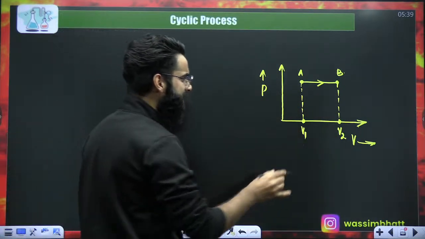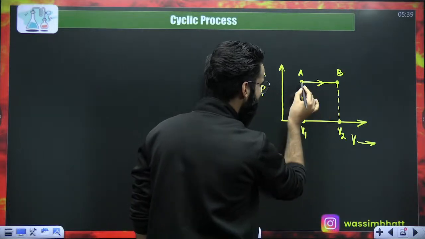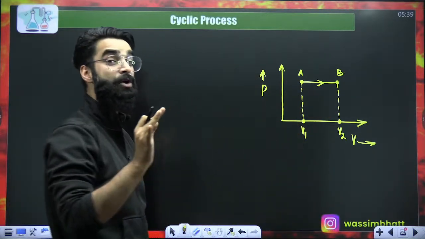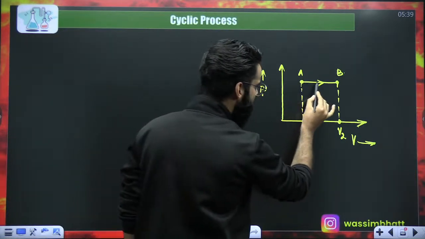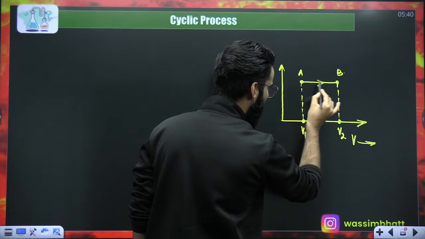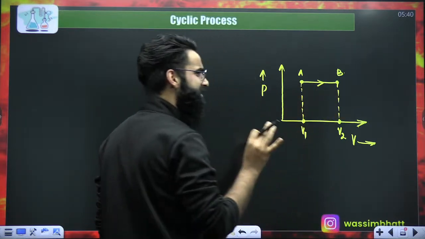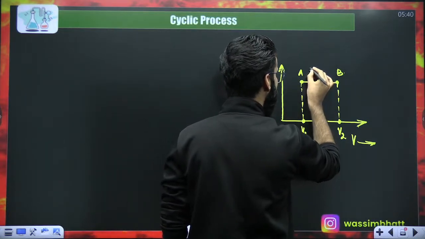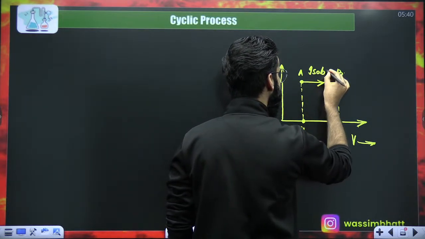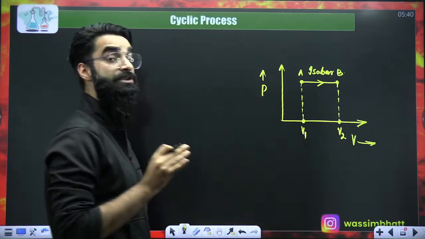My dear students, do you see that at every point on this line, the pressure of the gas is remaining constant? The pressure of the gas is not changing. So I'll be calling this particular curve an isobar.